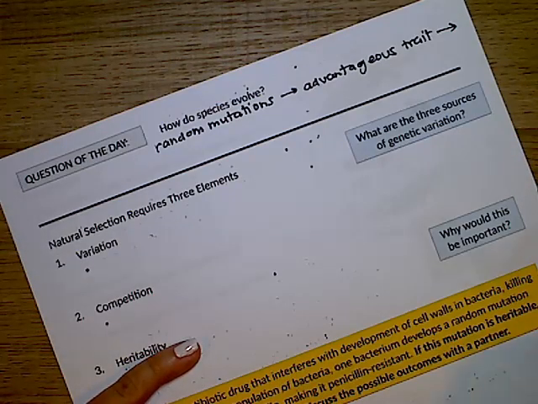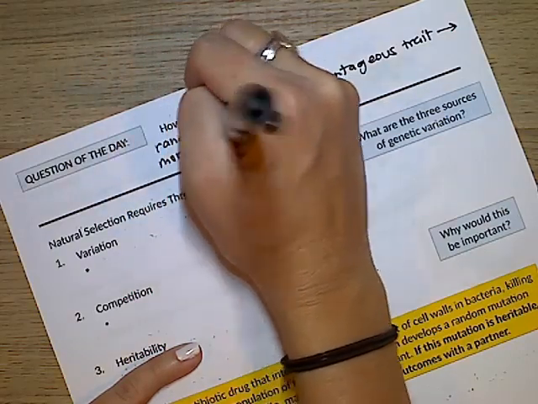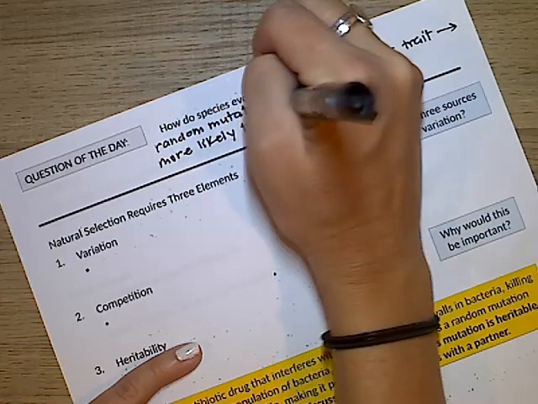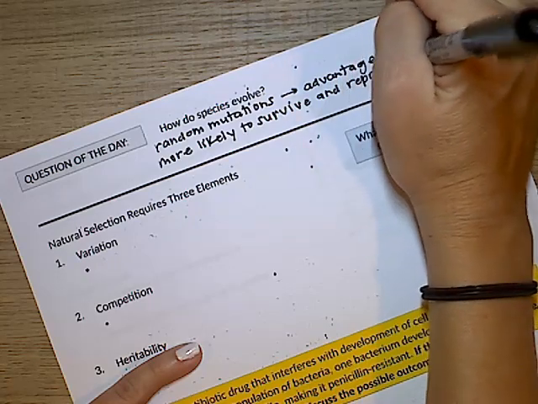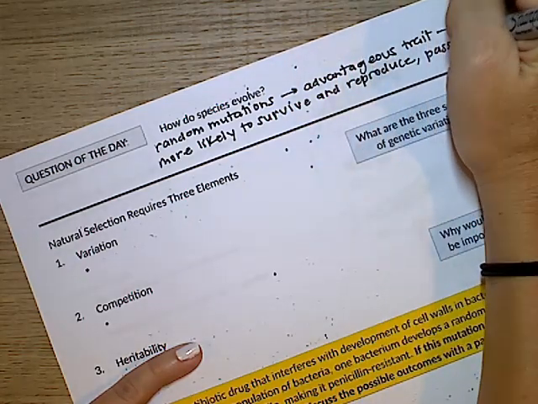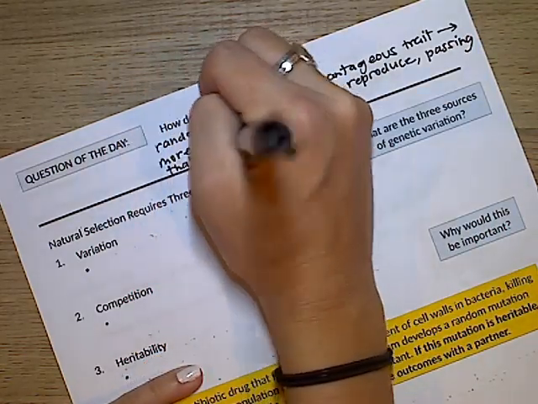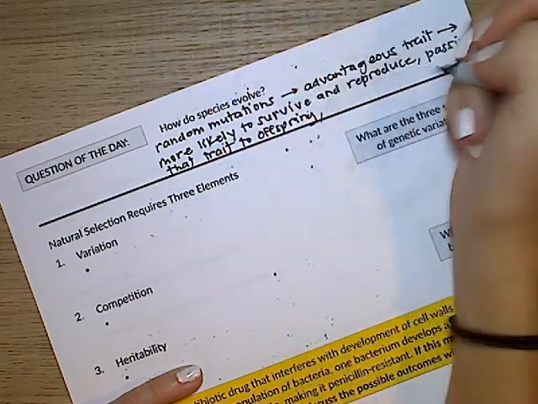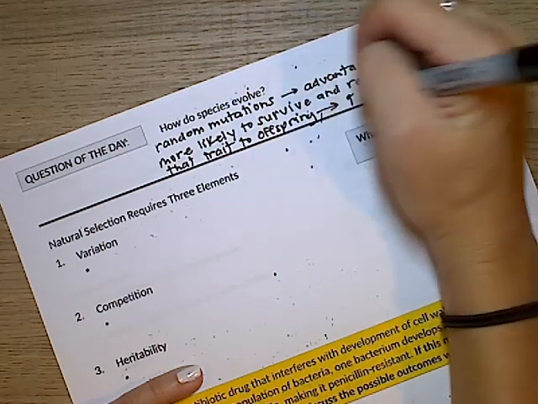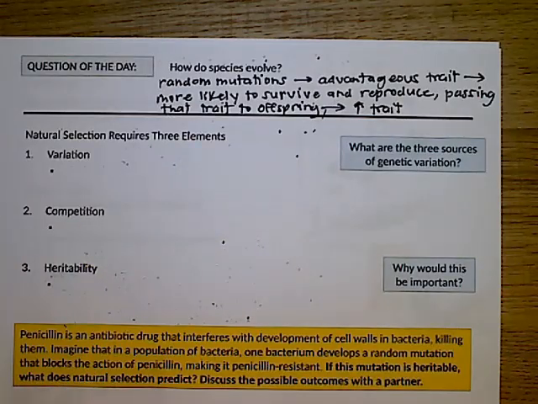The individuals with the advantageous trait are more likely to survive and reproduce, passing that trait to their offspring. And so you'll end up seeing an increase, got too many arrows going on here, increase in that trait. And so the entire species can change over time. They can evolve.